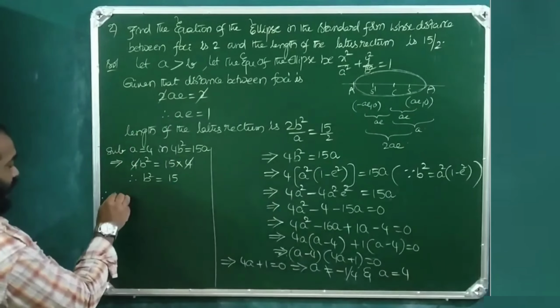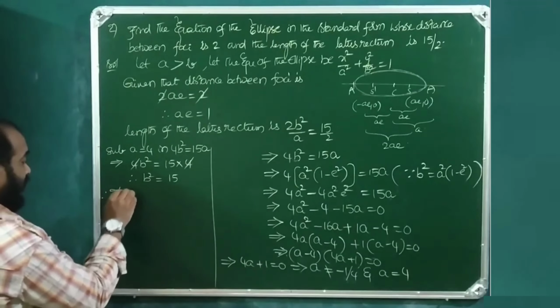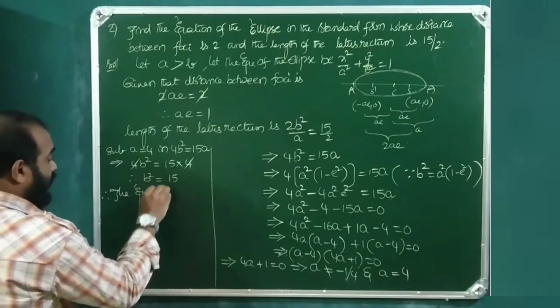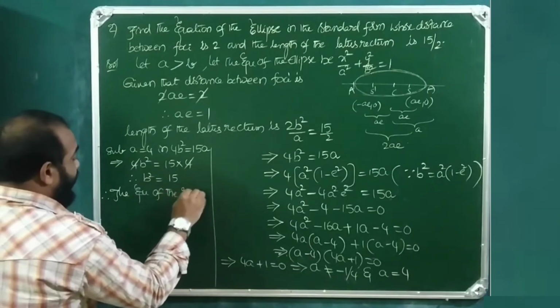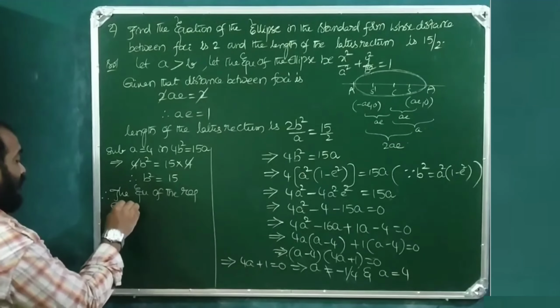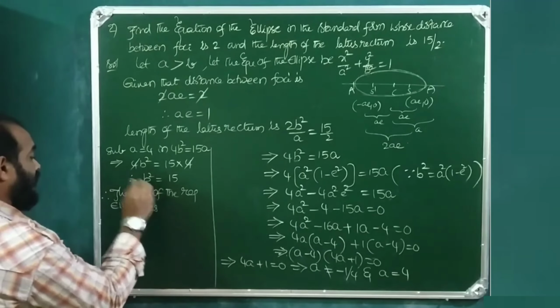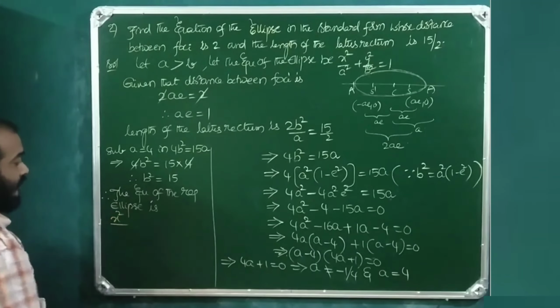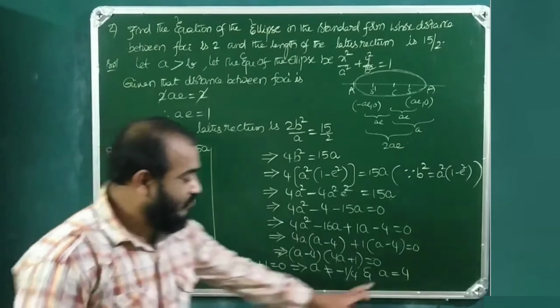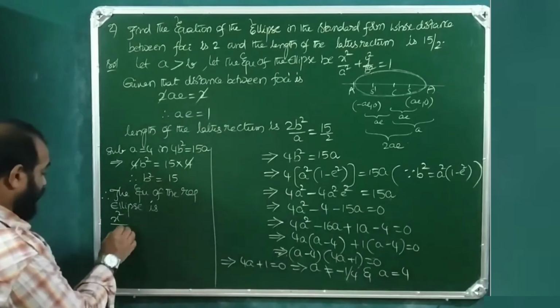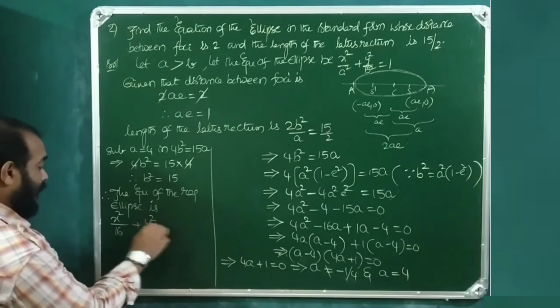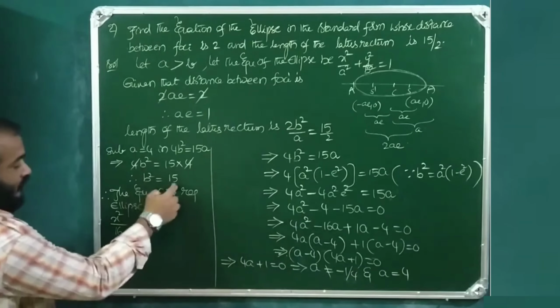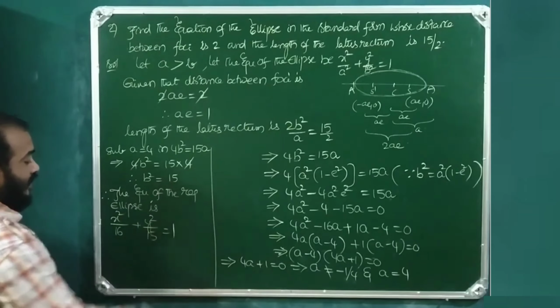Substitute. So therefore, the equation of the required ellipse is x square by the value of a square, a is 4, a square is 16, plus y square by b square, 15, is equals to 1.